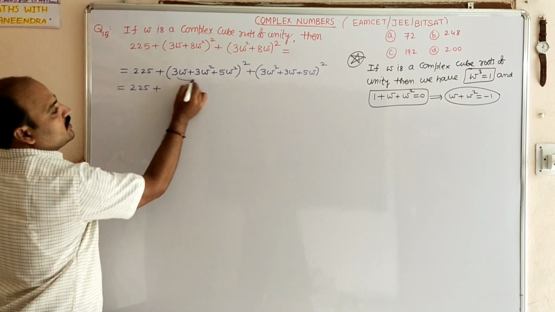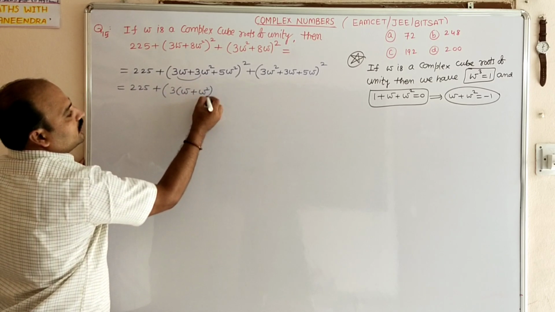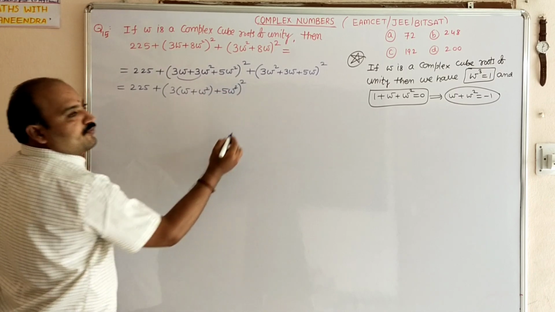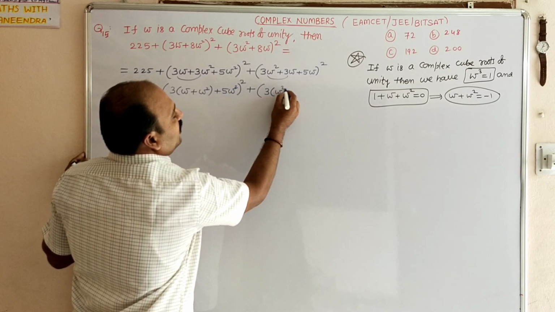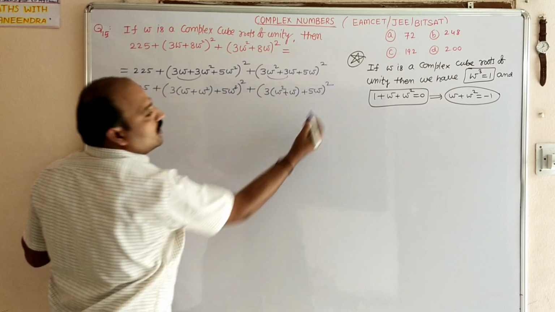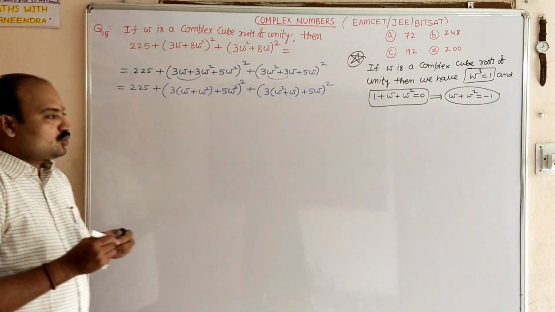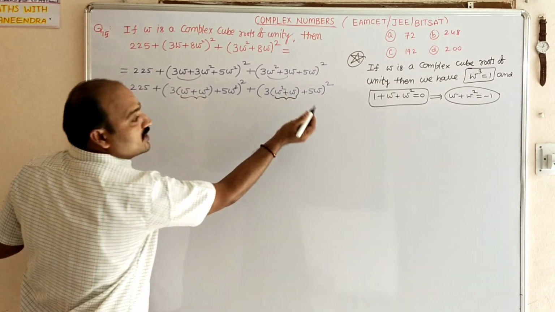From these two, take 3 common: 3 into omega plus omega square plus 5 omega square whole square plus 3 into omega square plus omega plus 5 omega whole square. We know that omega plus omega square equal to minus 1. So substitute minus 1 in place of omega plus omega square.